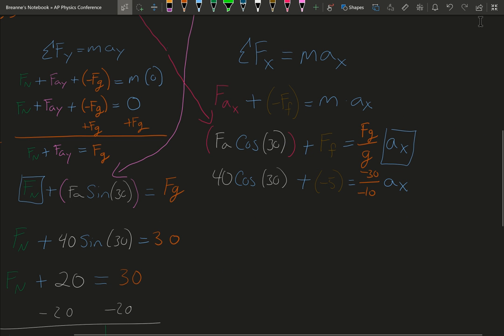So we're going to round that to 35 plus -5 equals -30 divided by 10. And negatives cancel out, so it's just 3.